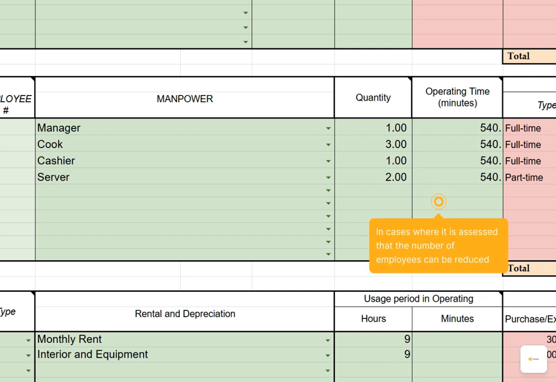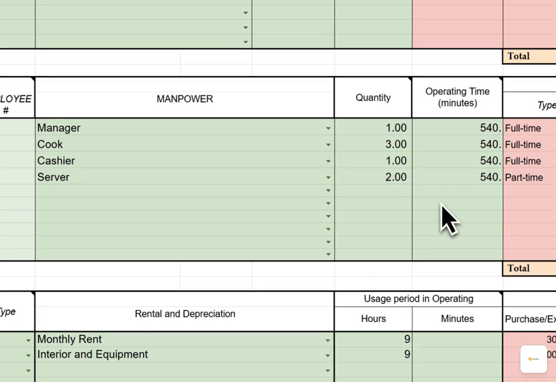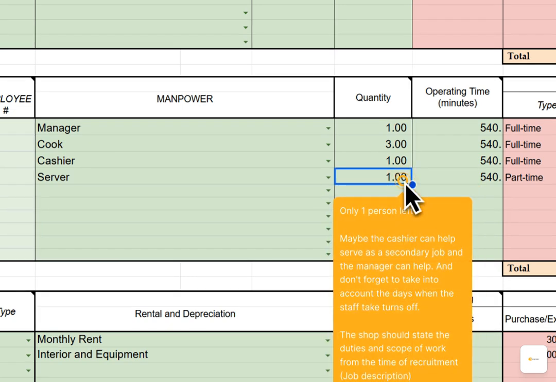In cases where it is assessed that the number of employees can be reduced from 2 waiters, only 1 person left. Maybe the cashier can help serve as a secondary job and the manager can help. And don't forget to take into account the days when the employees take turns off.